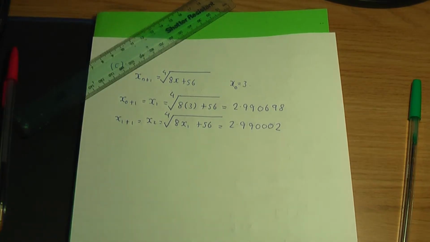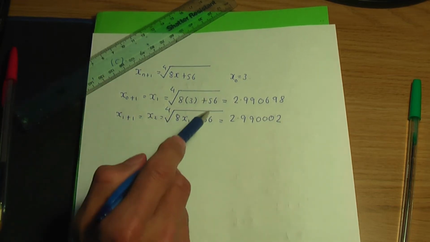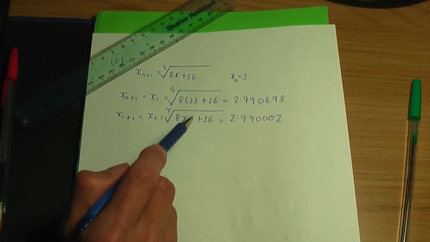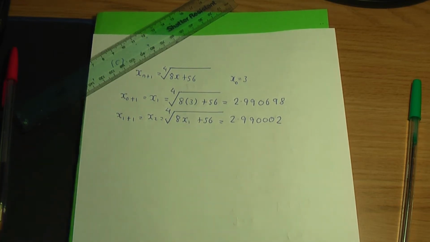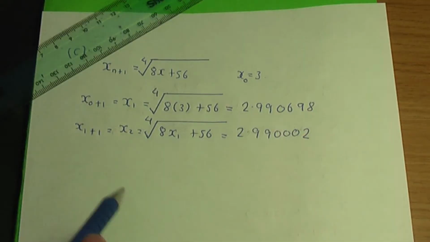Now, when do we stop the process? We stop the process when the consecutive values of x are the same, and if we go back to the screenshot, we need to continue the process until they're the same to 2 decimal places. So 2 decimal places in this problem is the desired degree of accuracy. Now, let's go back to the paper and pen.